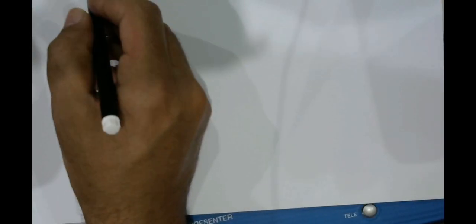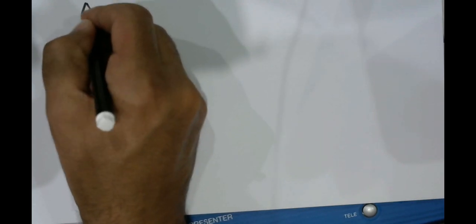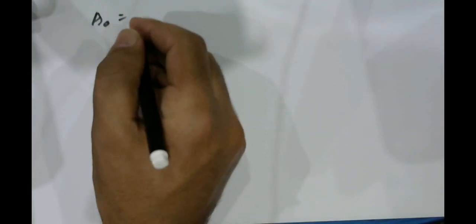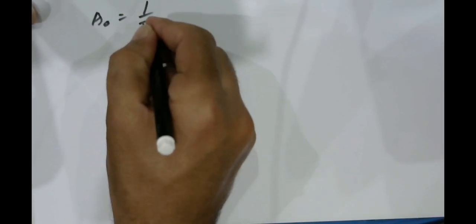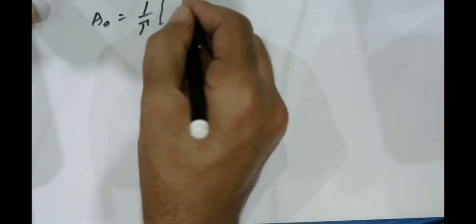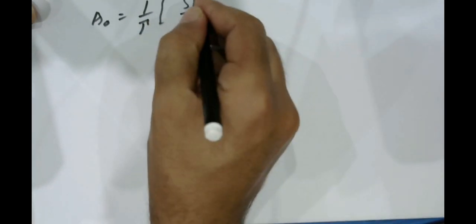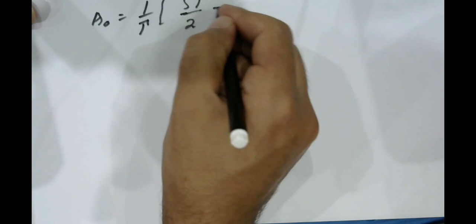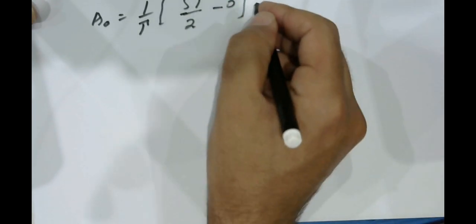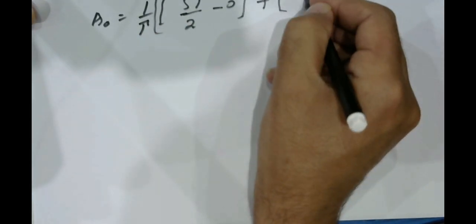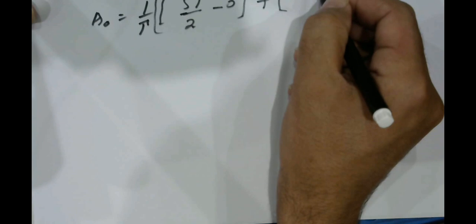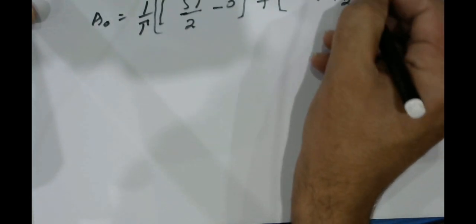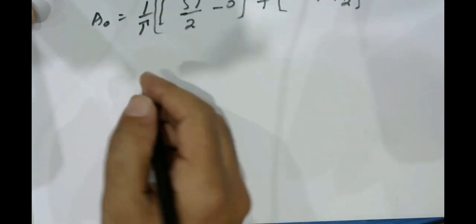You apply those limits and you will get your desired result, a naught equal to 1 by T, 5T by 2 minus 0, and plus minus T minus into minus plus T by 2. Okay, we put those limits in.